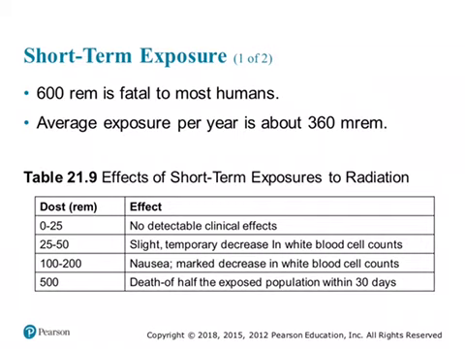If your rem is between 0 and 25, then there's no detectable clinical effects. 25 to 50 could be a slight or temporary decrease in the white blood cell count. 100 to 200 is marked by nausea and a more drastic decrease in white blood cell counts. And a rem of 500 is death of half of the exposed population within 30 days.